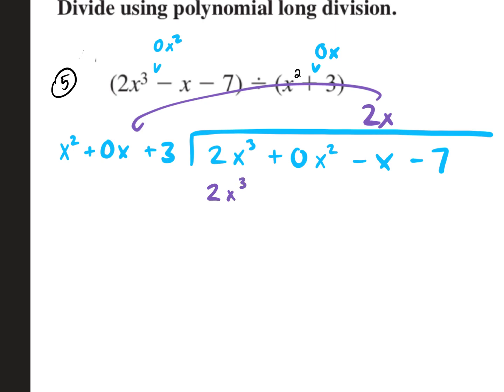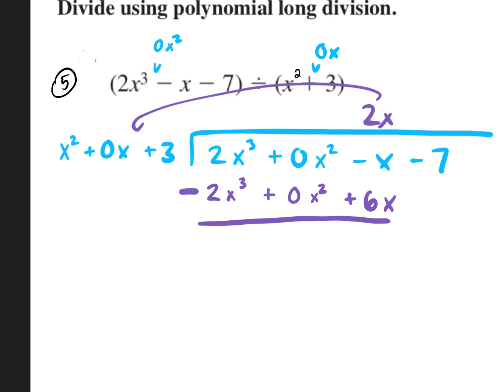What's 2x times 0x? What's 2 times 0? 0. So that would just be 0x squared. We just put it there as a placeholder to keep us organized. What's 2x times 3? 6x.